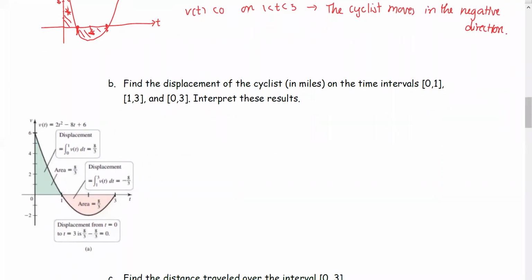Part B, find the displacement of the cyclist in miles on the time intervals from 0 to 1, 1 to 3, and 0 to 3. Interpret the result.